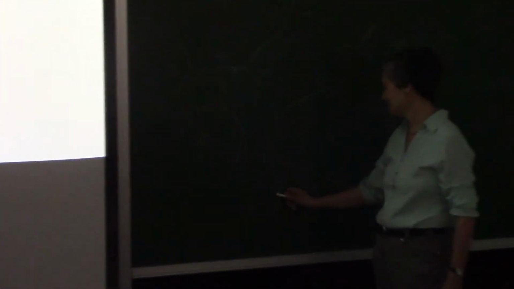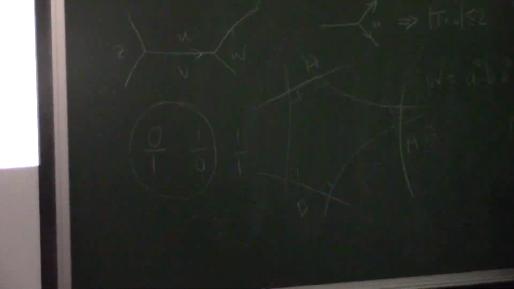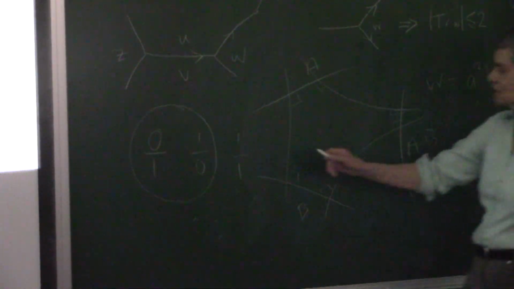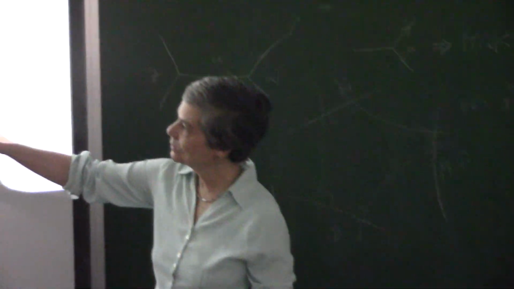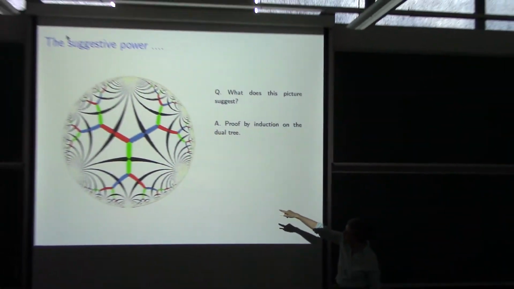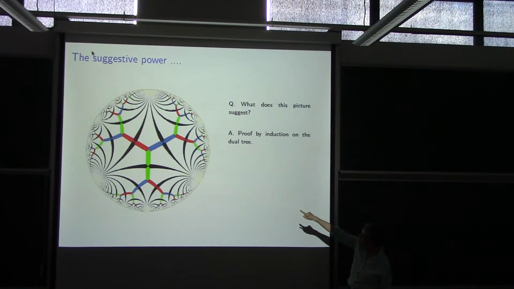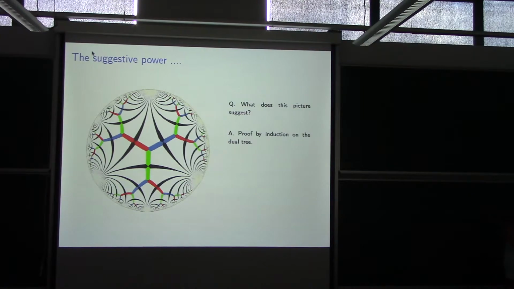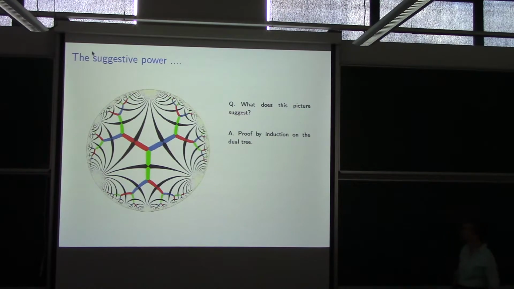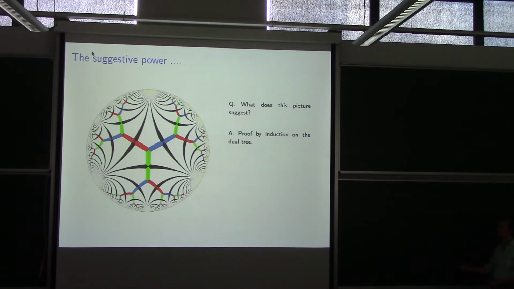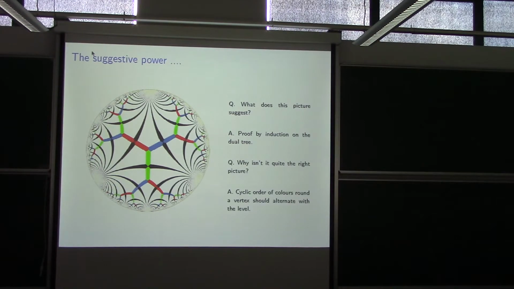Anyway, you want these always to be the same. Then what happens is that the colours round the parabolics, around the horocycles, just alternate. So you go green, blue, green, blue, green, blue, right? And then you see that to get from one red edge to another red edge to make your inductive step, you march around a bunch of green, blue, green, blues, and then by a miracle, it's easy to write down the proof. So thank you for the people who decided to make this picture.